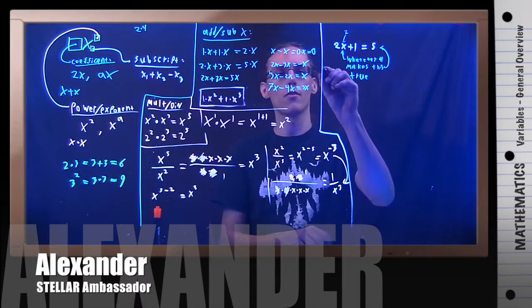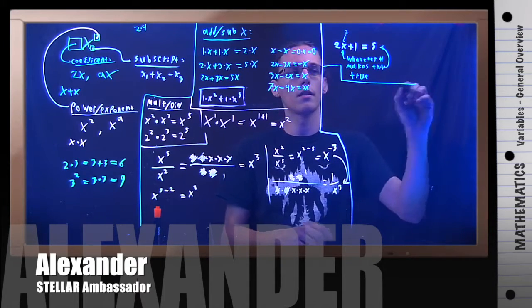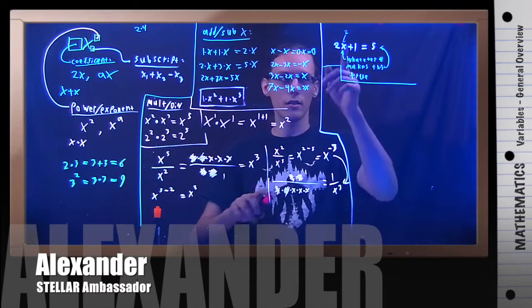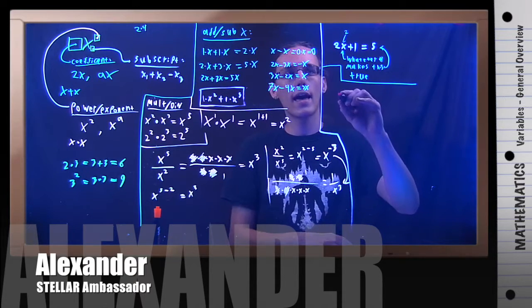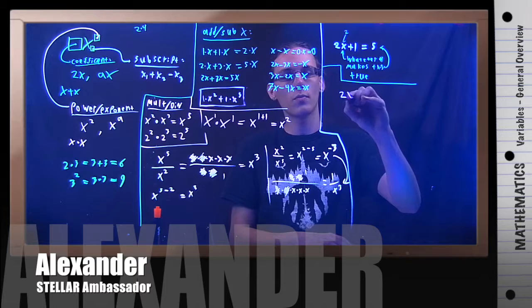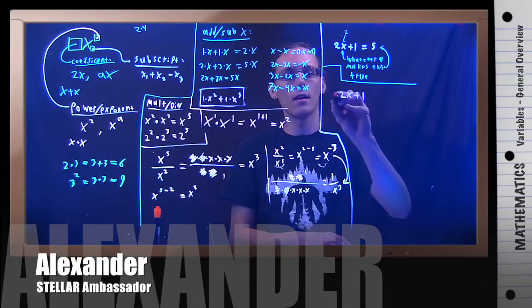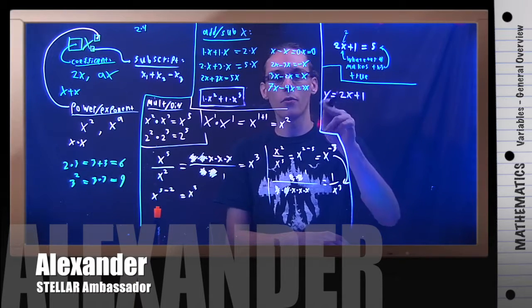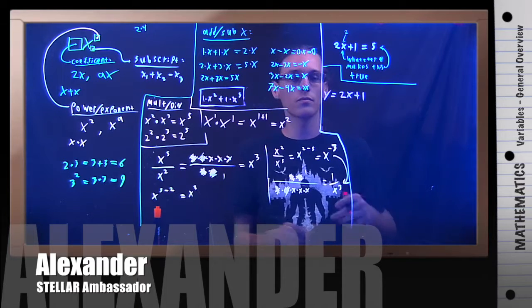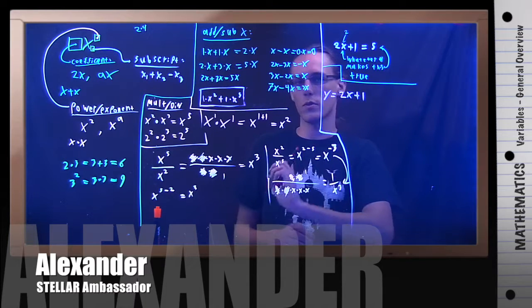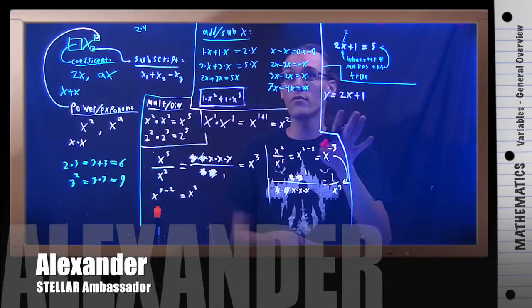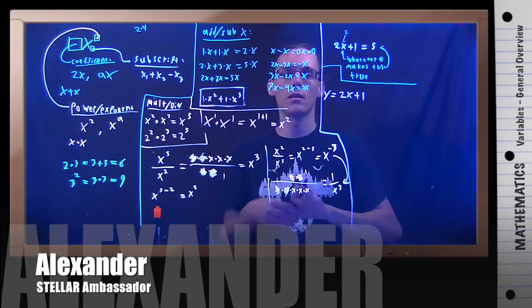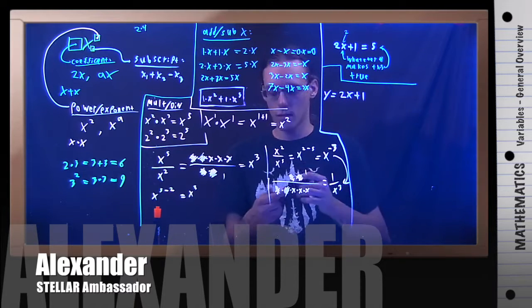And here's that other way. Say instead of having something like this, what if I had 2x plus 1 equals y? And I'll put the y over here, just out of convention. y equals 2x plus 1. So I do have two variables here. Don't freak out. We're going to focus on the x.